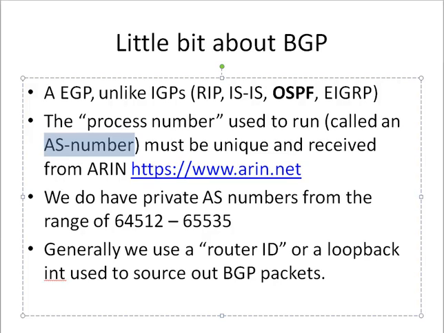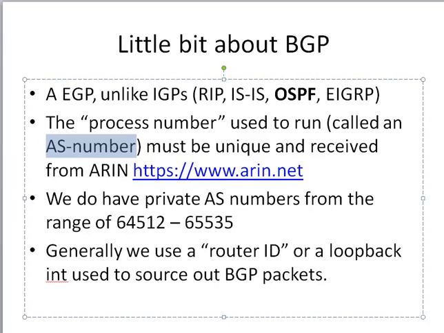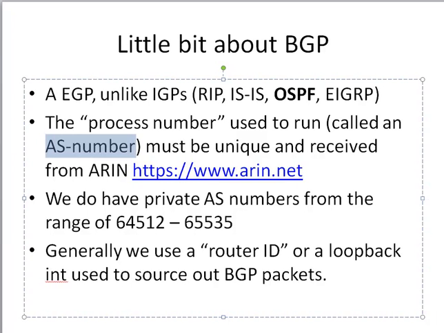And of course, for testing purposes, or internally, you may want a private autonomous system number. This will be the range here, and this is a good fact to know for interview questions as well. It's also used when working with confederations, which we'll probably talk about in part 2.